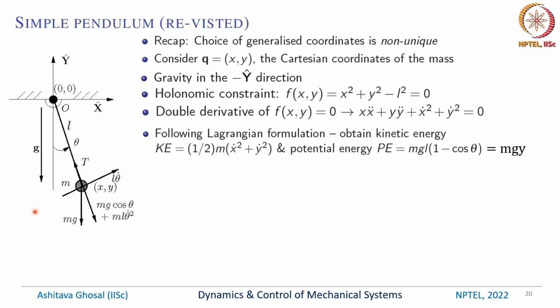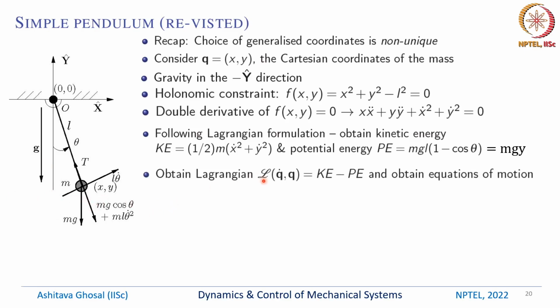We take some reference here, so this is mgL into 1 minus cos theta, whatever the height above that reference. The Lagrangian is nothing but kinetic minus potential energy, and just by following the Lagrangian formulation, we can obtain the equations of motion of this simple pendulum.